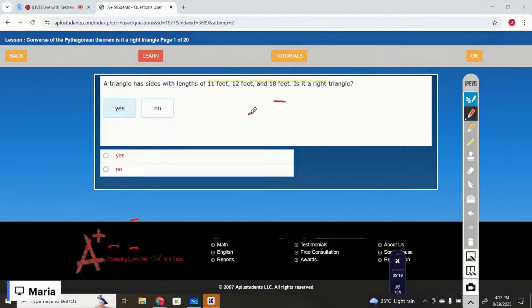That is 18 squared, because the longest length is the hypotenuse. 18 squared equals 12 squared plus 11 squared. 18 squared means 18 times 18, that is 324. 12 squared is 144, and 11 squared is 121. So 121 plus 144 is 265. The sides are not equal, right? That means this is not a right triangle.